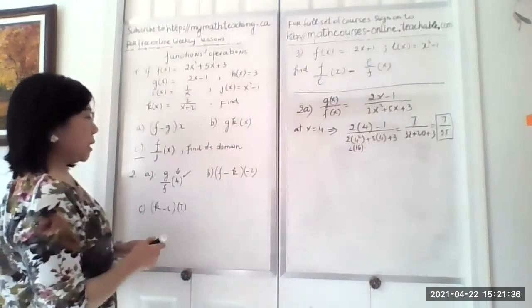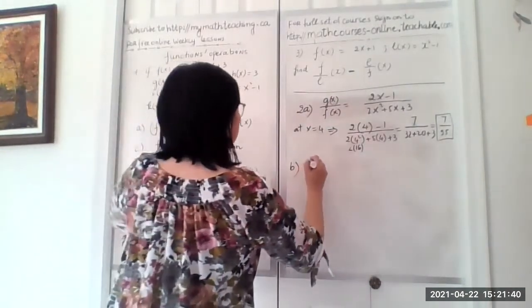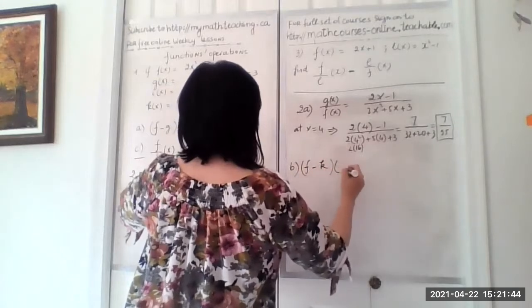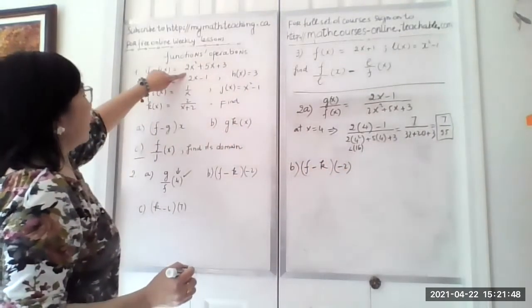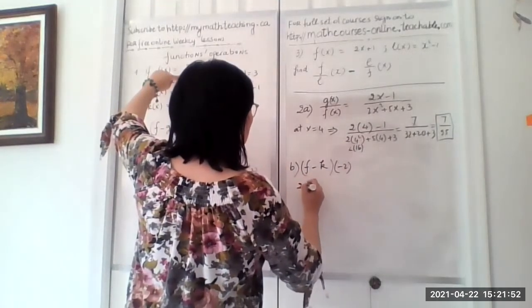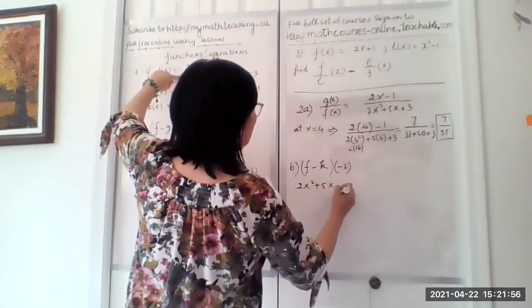Now let's do the b. In the b here we have f minus k and evaluate at minus 2. Okay, so our f is, follow this, 2x squared plus 5x plus 3.